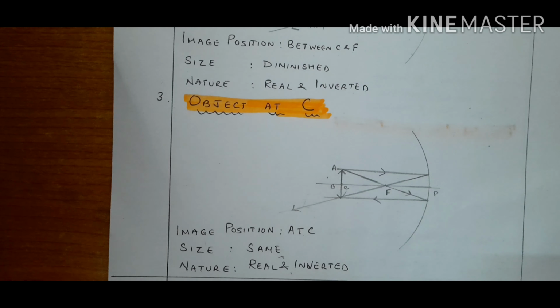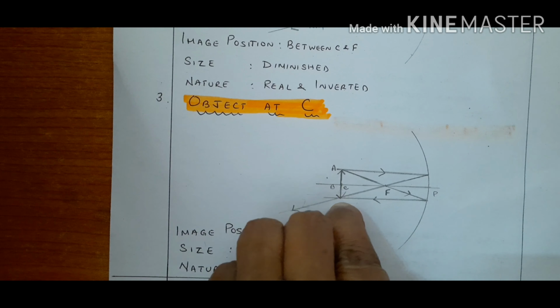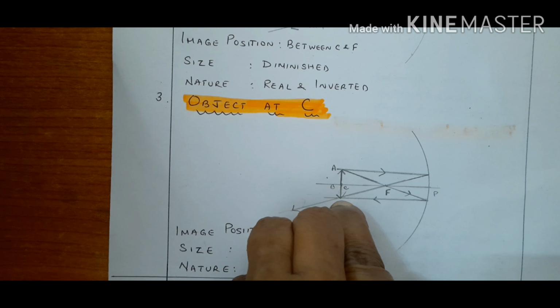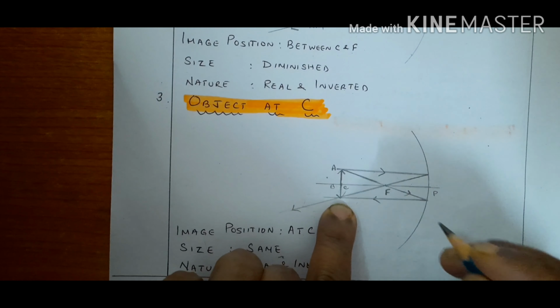You will find that if your diagram is correct, the two reflected rays are meeting right below the principal axis. So I've got the image. When the object is at C, the two reflected rays are meeting right below the principal axis.